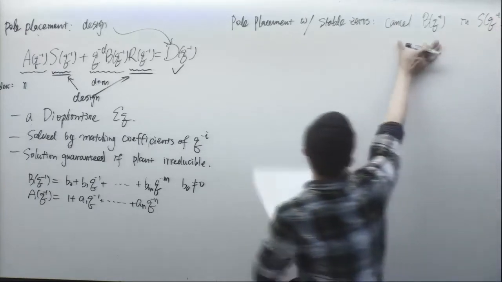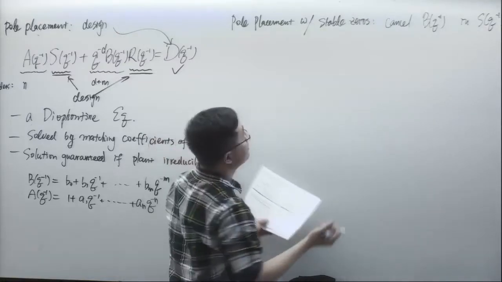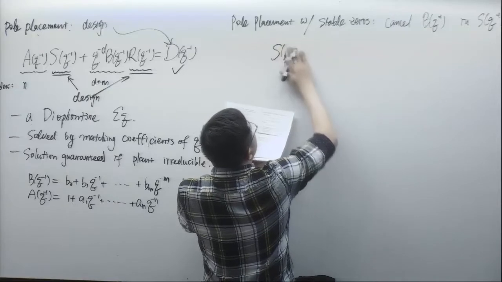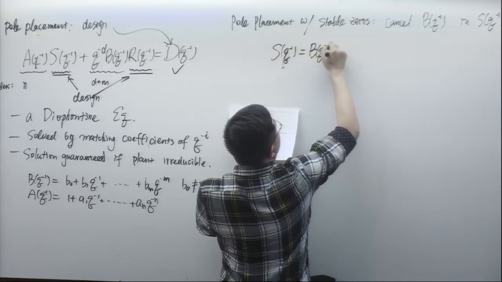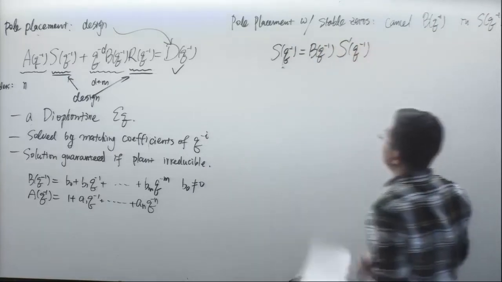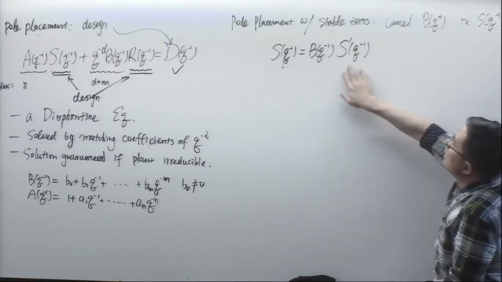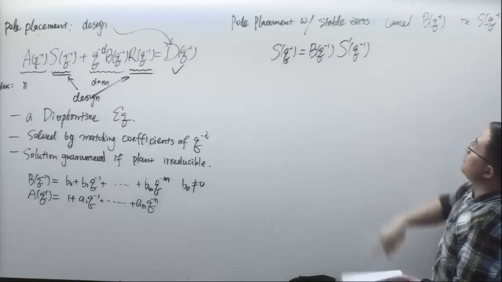We'll talk about the case when this can't be done. We cannot have unstable pole zero cancellation in general. So let's cancel this B, and then let's say I may have some other design considerations. So I'm going to introduce a lower order S, I call it S prime, to introduce other features.